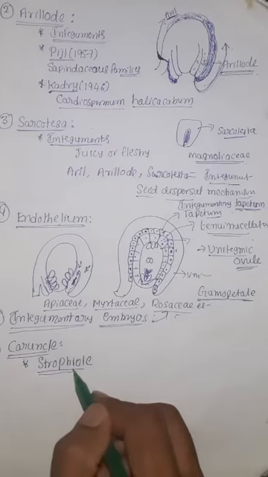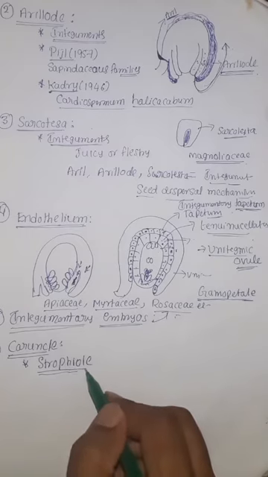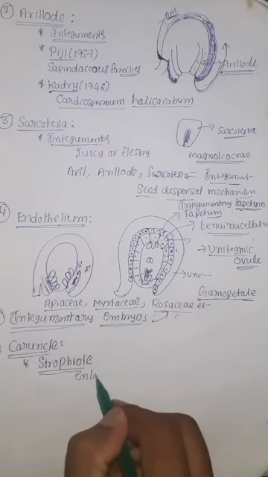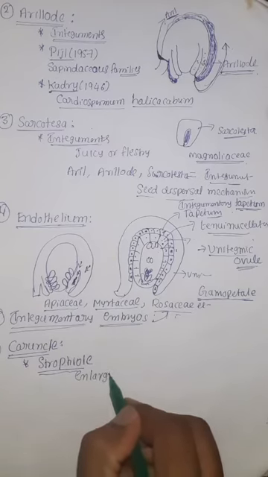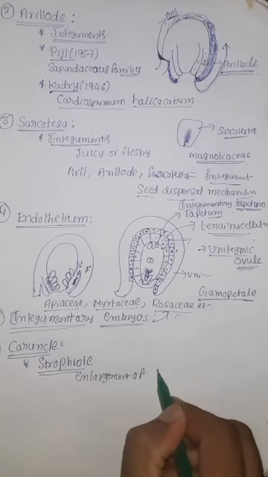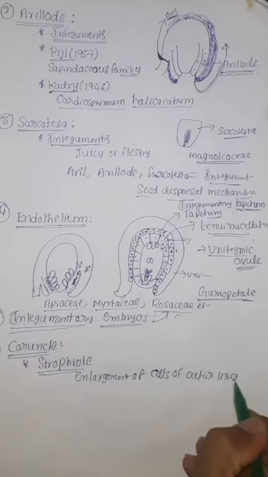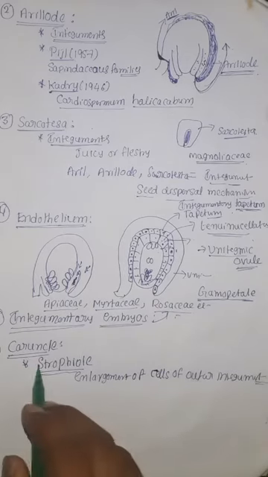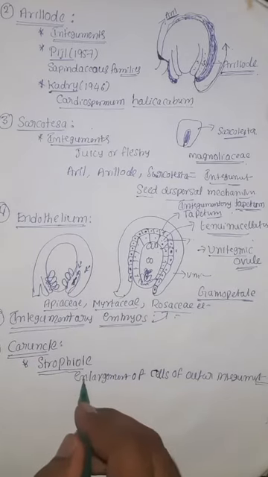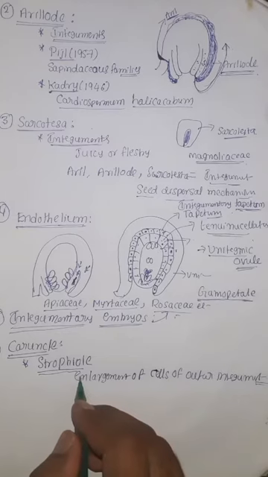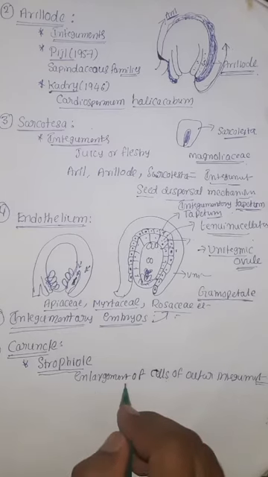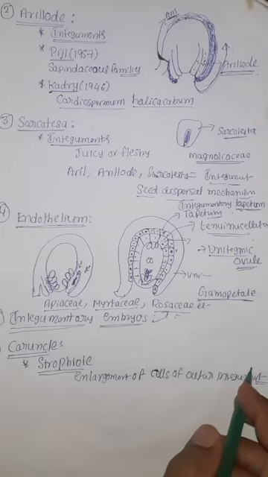The caruncle or strophiole is a structure formed due to the enlargement of cells of the outer integument.